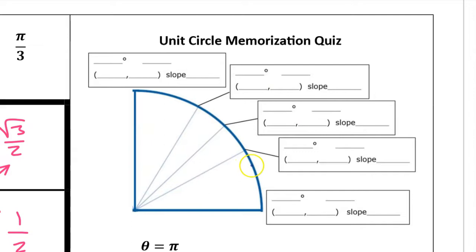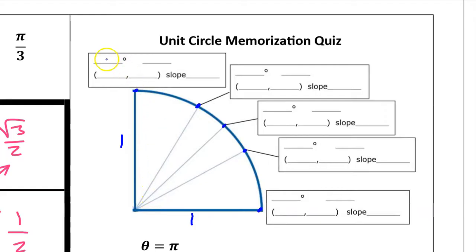In this space right here, we have the first quadrant of the unit circle. So the radius is 1. And we need to fill in the coordinate of each of these points. And we need to fill in the slope of the terminal side of angle theta.